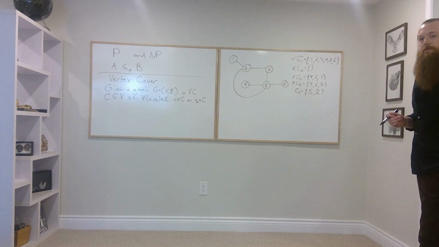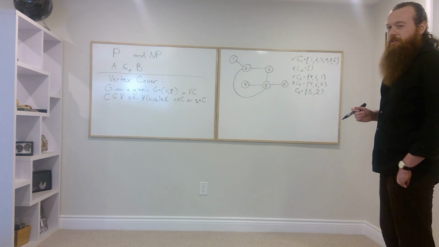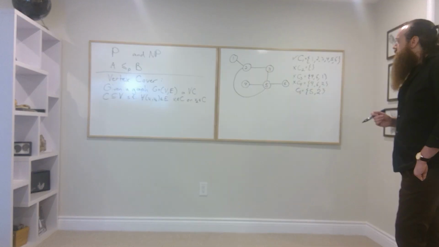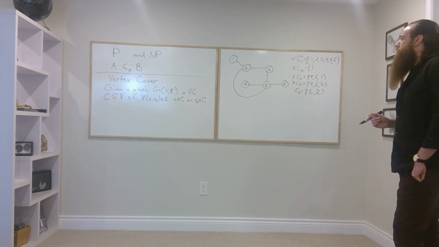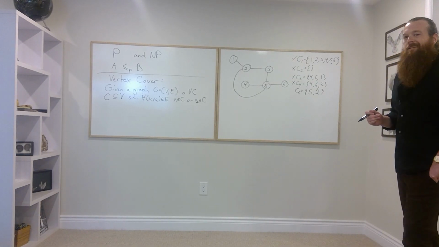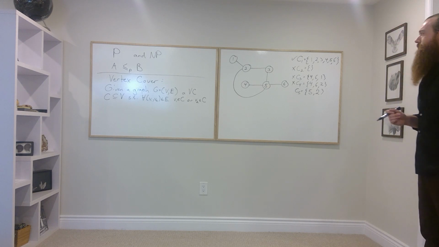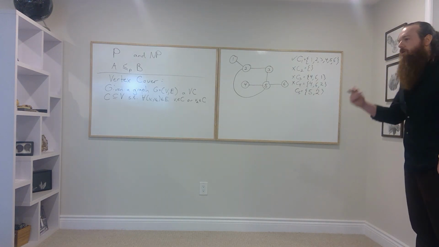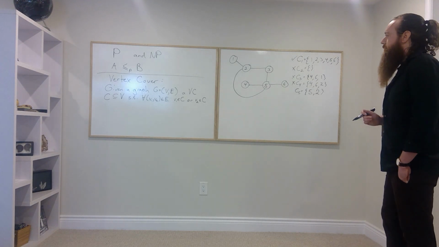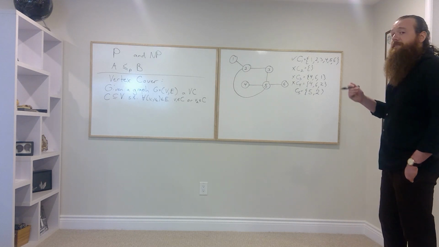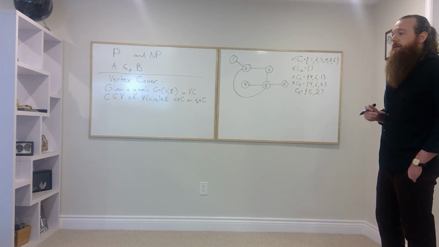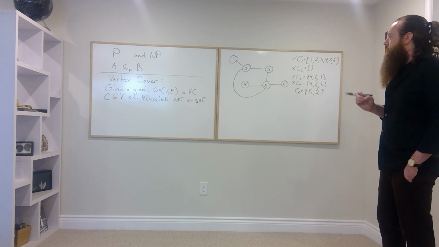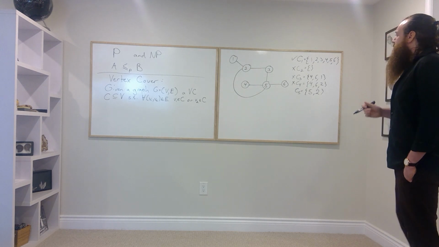Or maybe you're a genius, maybe you can do it in a couple minutes. I don't think I could. What if you dial up to like 100, 1,000, a billion? It's hopeless at that point, really, for a general graph, trying to find the smallest possible vertex cover. The set, or a set, of vertices that cover all the edges with the fewest number of vertices possible.